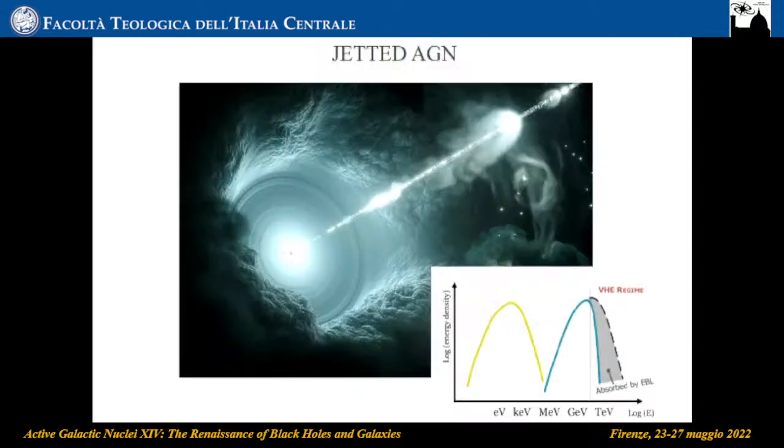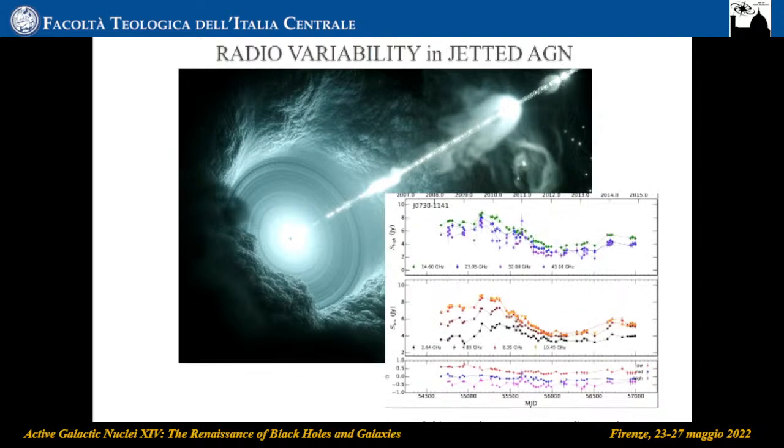So first of all, we all know that AGN with relativistic jets that are pointing toward us are dominating all the emission of the electromagnetic spectrum. And such emission is highly variable.